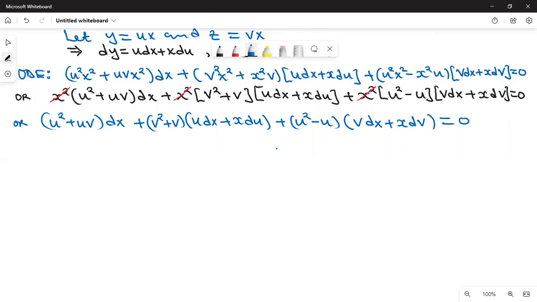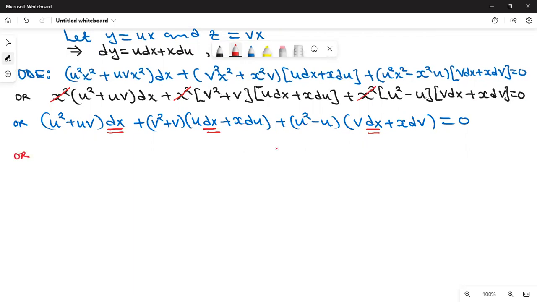This should give us 0. And so I can now collect the like terms. You can see dx appears here, the other one is here, and another one is here, so it appears 3 times. Let me combine those dx to form one term.